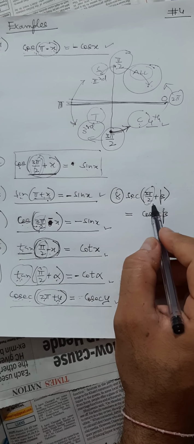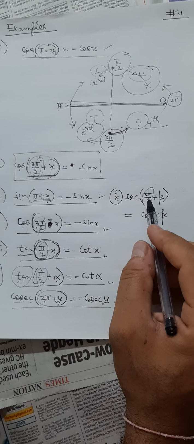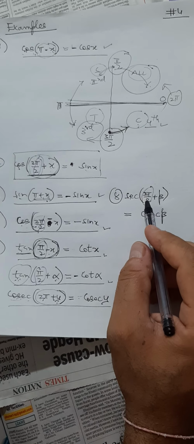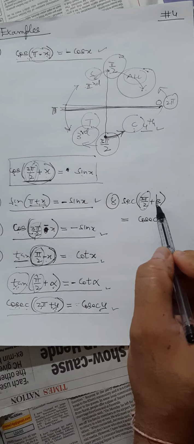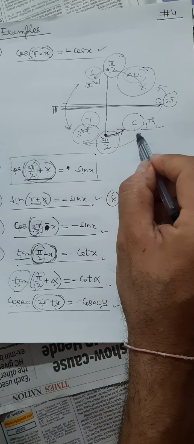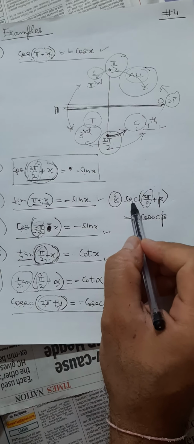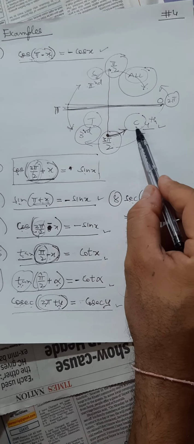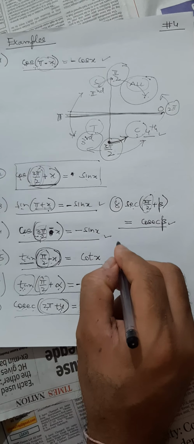Now decide the quadrant. 3 pi by 2 is here. Plus means you will move in the anti-clockwise direction. So it will be in the fourth quadrant. In the fourth quadrant, what about sec? You know cos and sec are positive, so it is positive. So the answer will be cosec beta only.